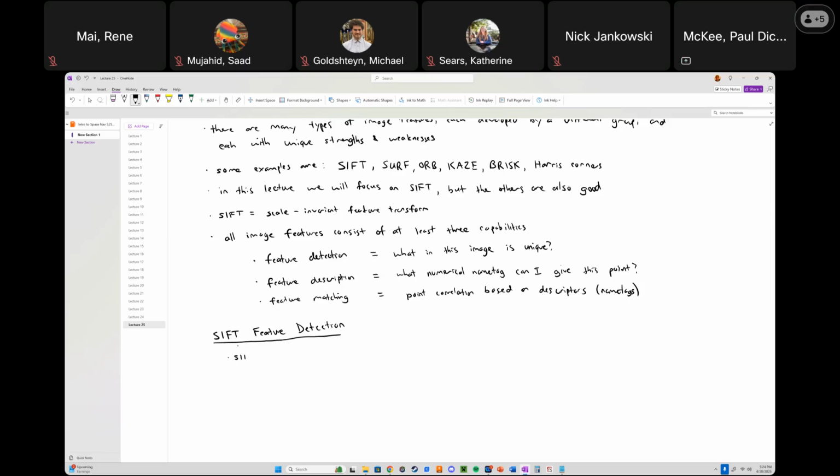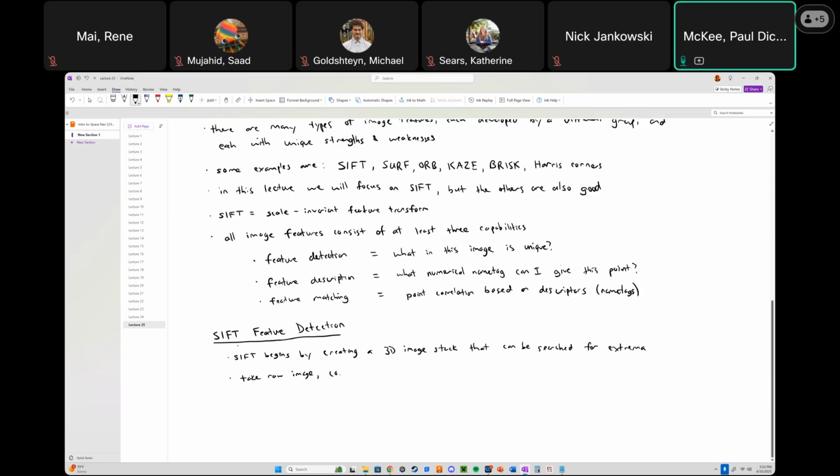So SIFT begins by creating a 3D image stack that can be searched for extrema. We take the raw image, convolve with a Gaussian kernel, so we basically blur the image.